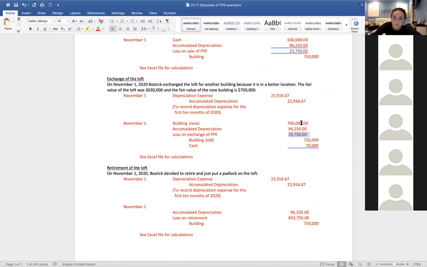Now, if I had a debit of 700,000, which we know where that came from, that's the fair value of the new asset, the debit of the 96,250, getting the accumulated depreciation from the old building out of the general ledger, record your loss, get the old building off, you would see that your journal entry would not balance by 70,000, that you would need a credit of 70,000 in order to get this journal entry to balance.